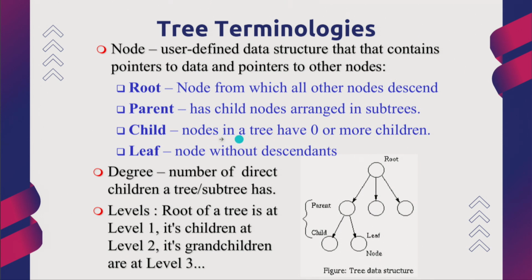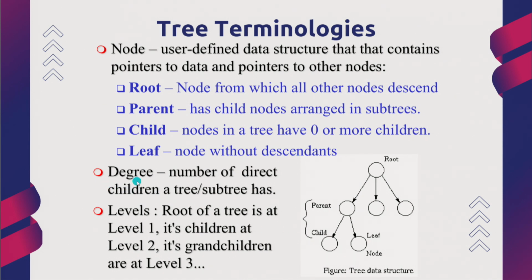If you specifically deal with binary trees, then there is a condition that a node cannot have more than two children, so it could have either 0, 1 or 2 children. And we will have some nodes as leaf nodes in the tree. How to identify a leaf node is that it is a node without any descendants.